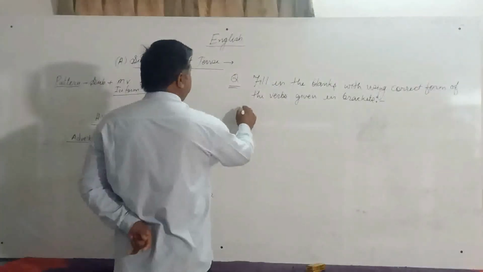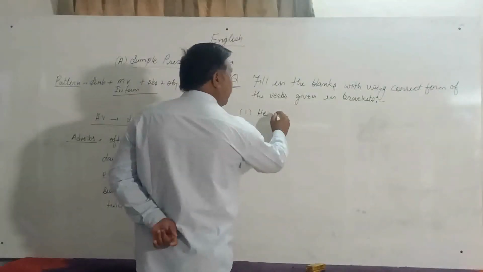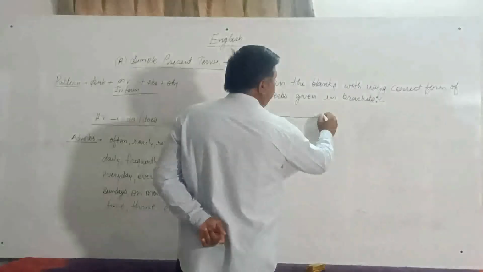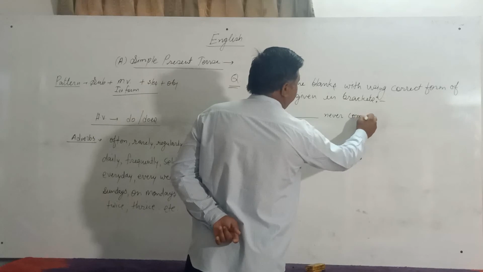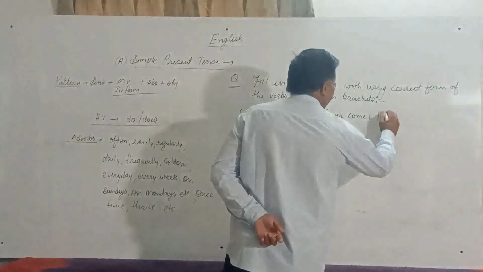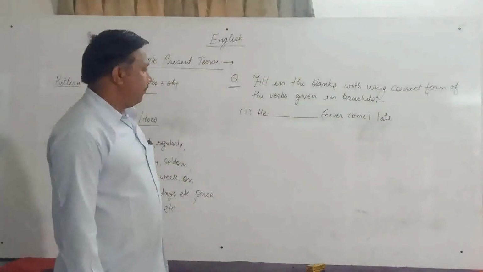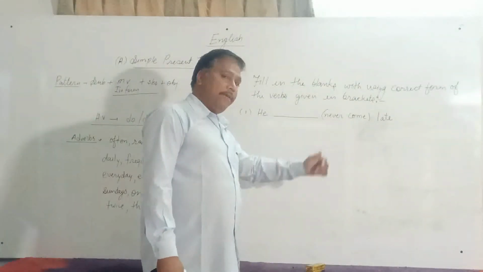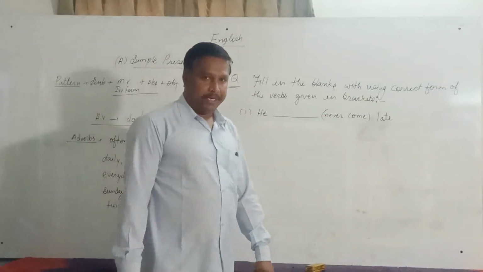Now the first question is: he dash, never come in brackets, late. Look here, here is an adverb, never. It represents that it's a simple present tense.